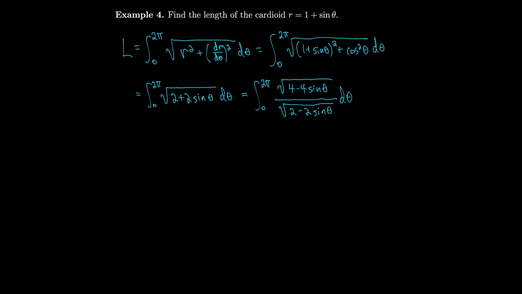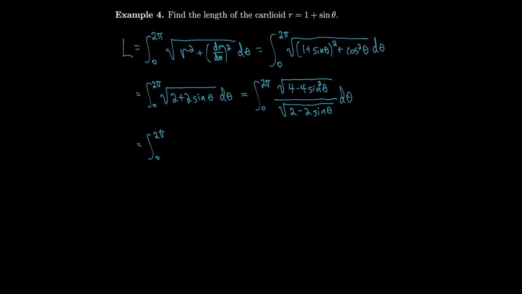So then I end up with our numerator as the square root of 4 times 1 minus sine, oh, there should be a square there. I was like, I'm gonna take the square root, and it's a mess, but no, that'll be good.